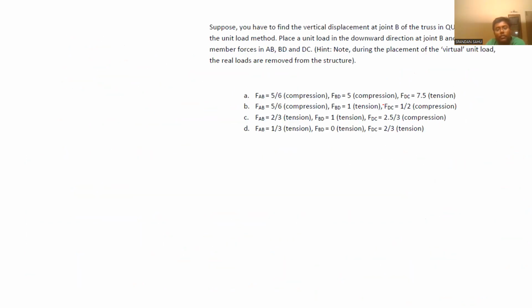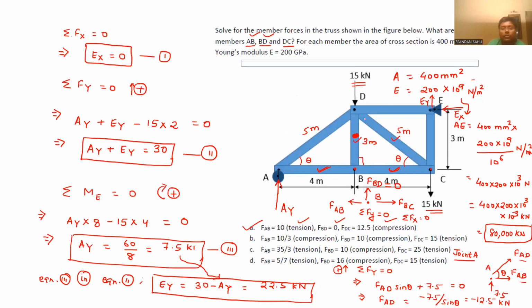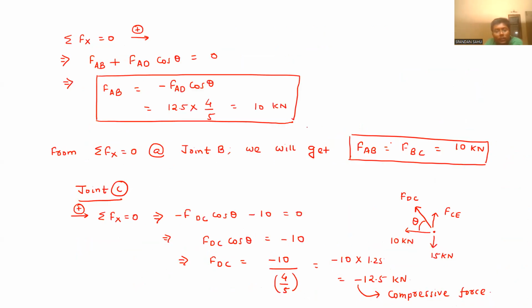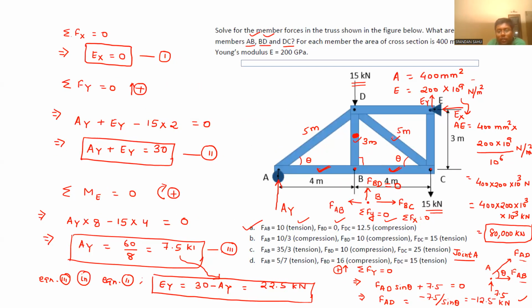So before that, we need to calculate all those member forces. So we have calculated FAD here. FAB is also done. FBD is a 0 force member. FBC is done. FCD is also done.